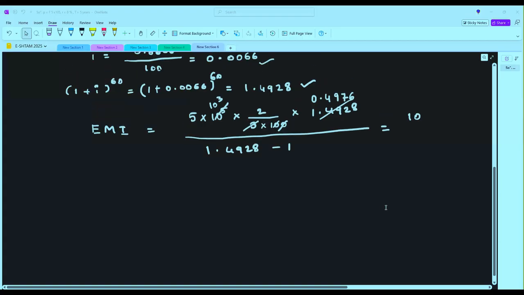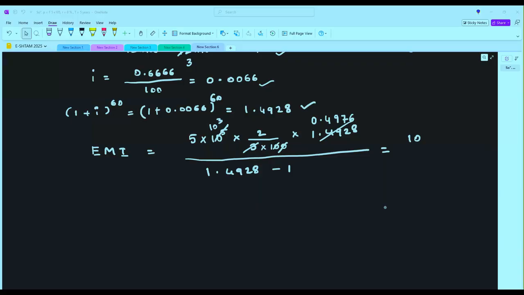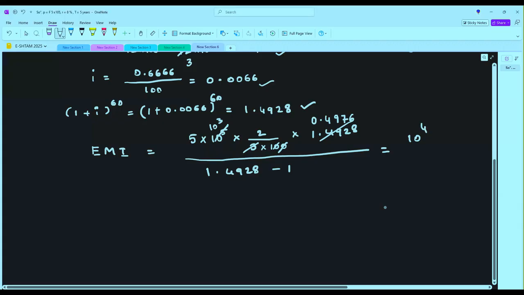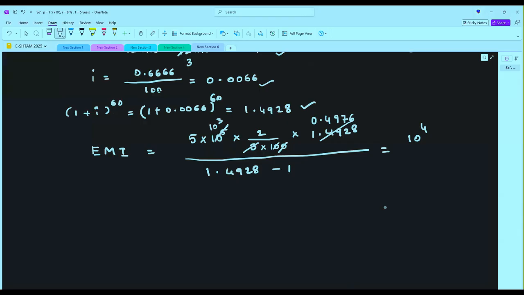Is it clear now? So 5 into 2 is 10. 10 into 10 power 3 is 10 power 4.